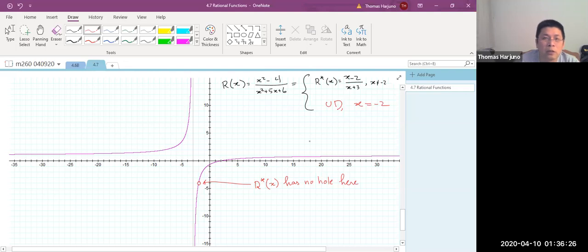Remember I said that the graph of R(x) is the same as the graph of R star of x. The only difference is at the point associated to the factors that you cancel: one of them has a hole, the other does not.